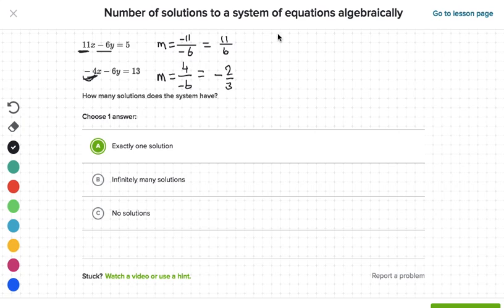Just to recap real quick, the number of solutions, which would be 1, 0, or infinite, is given by the slope. If the slopes are different, we've got one solution.